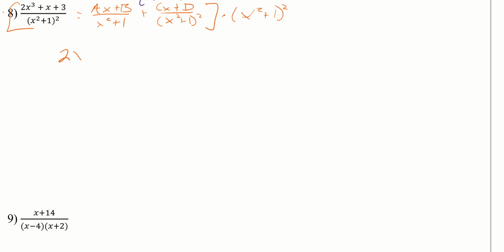Again, the left side always comes out to just be the numerator. Now the ax plus b gets rid of one of the two factors, so I'm still left with the other one. So just x squared plus 1, not squared. And then the last one gets rid of both of those factors. So those are gone.